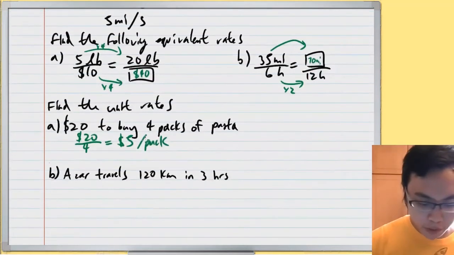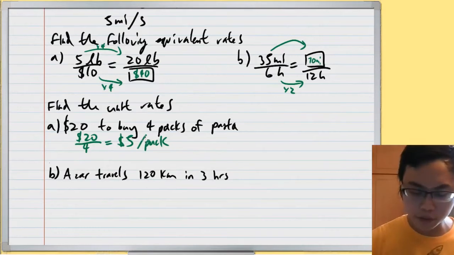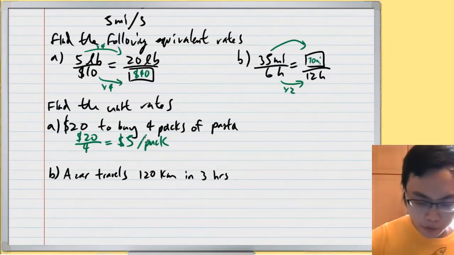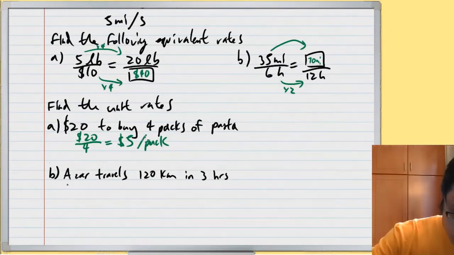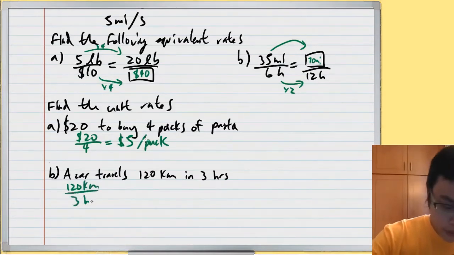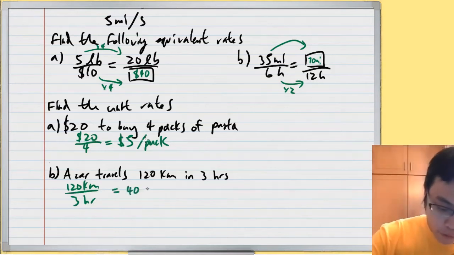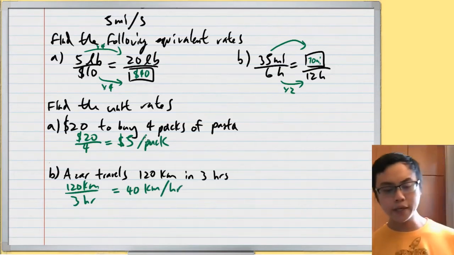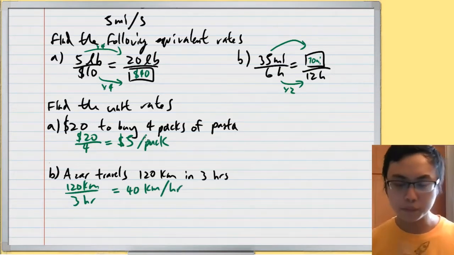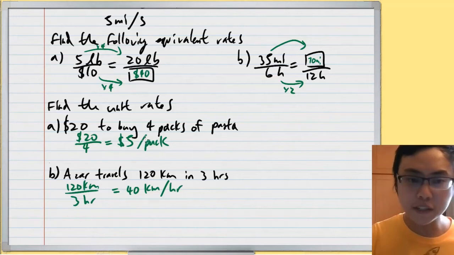And then for the second one, a car travels 120 kilometers in 3 hours. And so how we're going to do that, 120 kilometers, we want to divide that by 3 hours. And so 120 divided by 3 is equivalent to 40 kilometers per hour. We write km/hour. So that's how we find the unit rates.